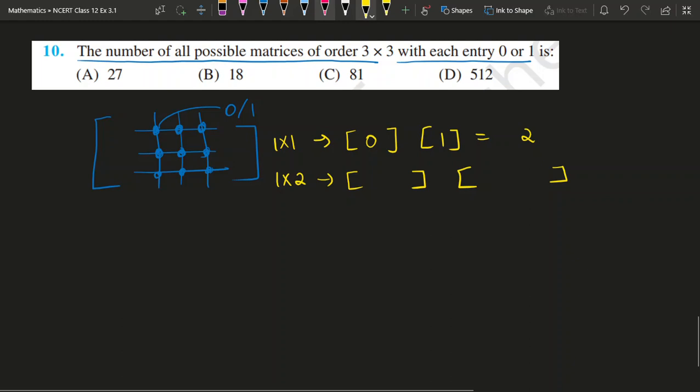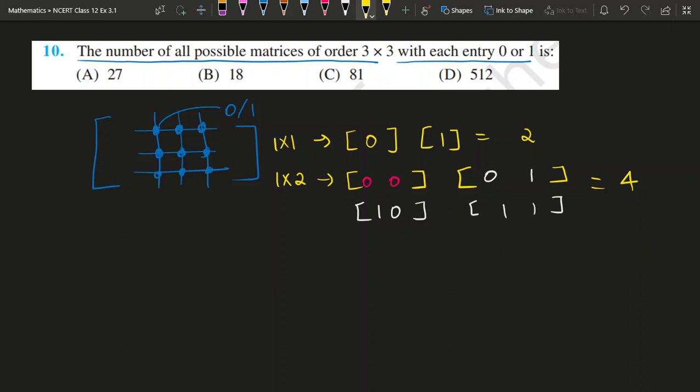And here you can put 0, 0, that's one possible matrix, or you can put 0, 1, that's also one possible matrix, or you can put 1, 0, or you can put 1, 1. And all of these are possible matrices, and we have exhausted all the possibilities, and there would be 4 such matrices.